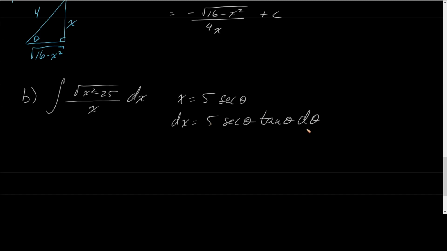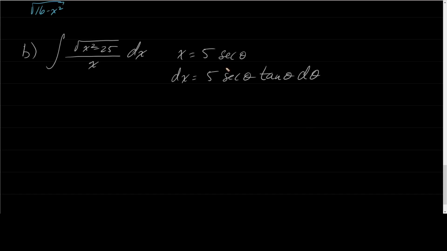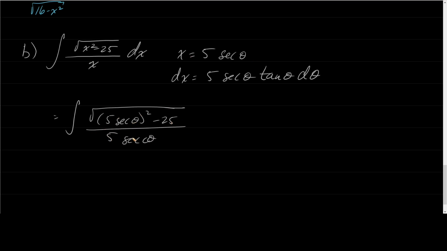And at this point, let's see what happens. This integral now becomes the integral of the square root of, x was 5 secant theta, so 5 secant theta squared minus 25, over 5 secant theta. And remember to replace the dx. The dx is 5 secant theta tan theta d theta.